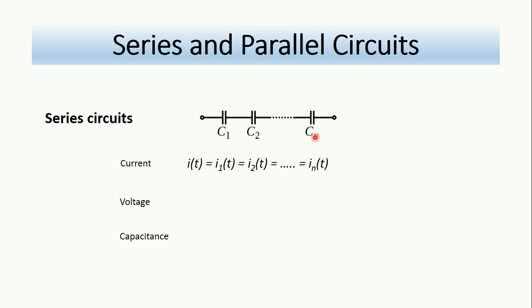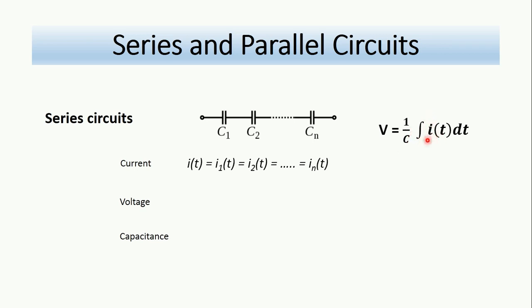Well, again, the sum of the voltage drops across C1, C2, Cn, if we add them, must be equal to the total voltage drop across all these elements. The formula to get the voltage drop across a capacitor is given by this equation here. The voltage drop is 1 over the capacitance multiplied by the time integral of the current.